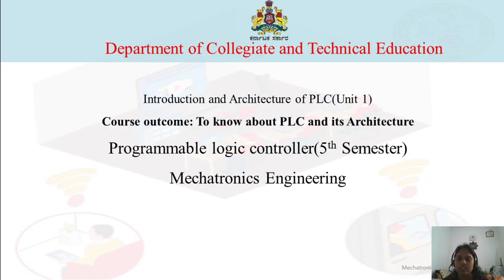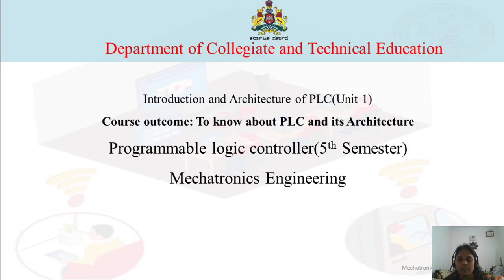Again we classified the PLCs based on I/O systems and based on application ranges. Based on I/O systems, we classified into digital I/O system and analog I/O system. If your input or output signals are digital, then we can go for digital I/O systems. And if you are using continuous signals like pressure, temperature, etc., you can go for analog I/O systems.